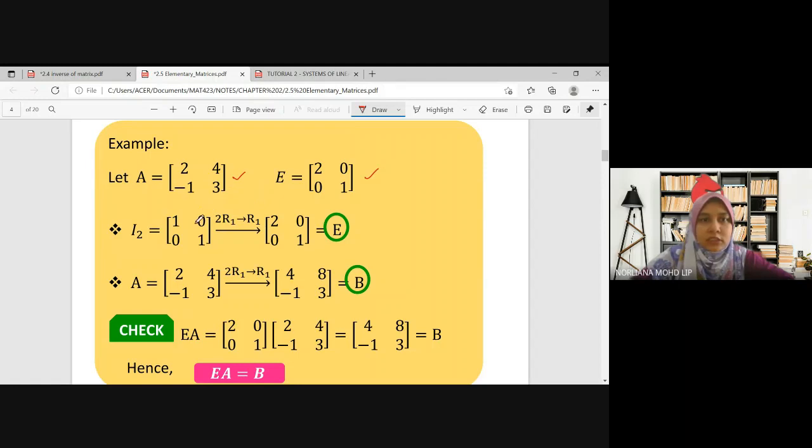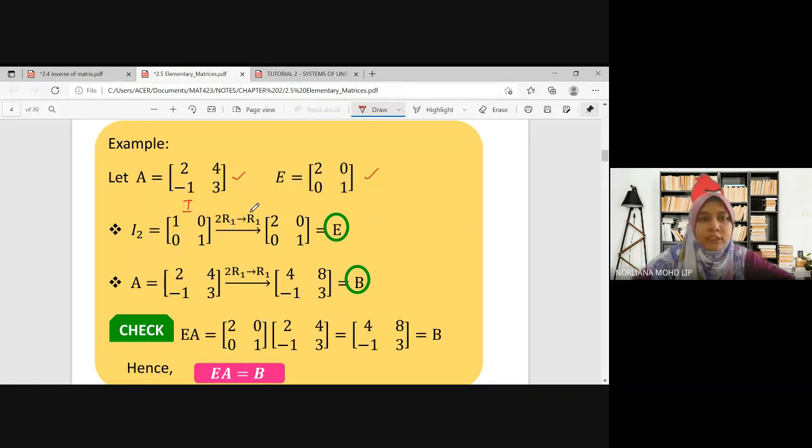So, the identity matrix is equal to the elementary matrix given 2 0 0 1 kan. So, operation apa yang melibatkan 2 0 0 1 from the identity matrix 1 0 0 1?